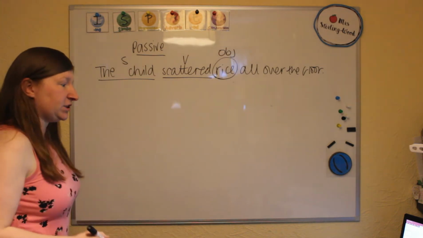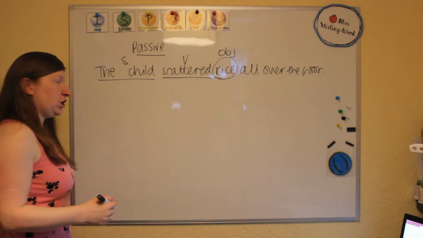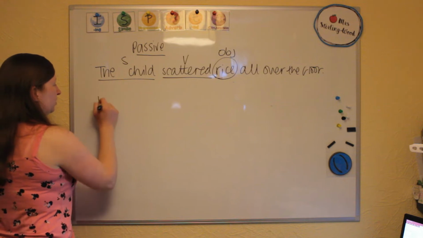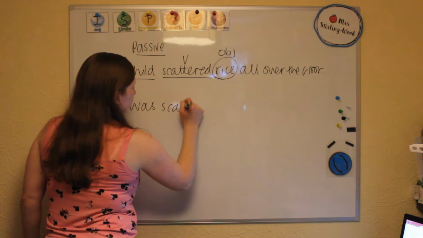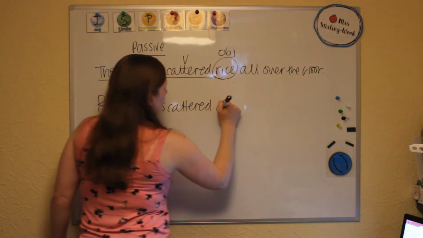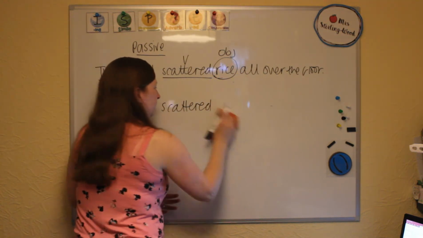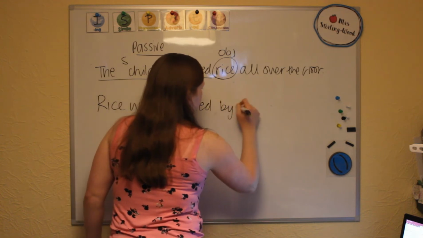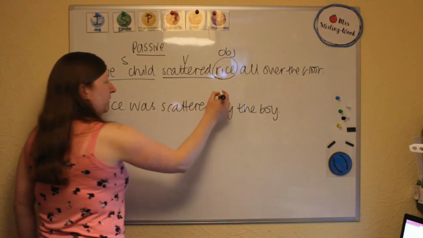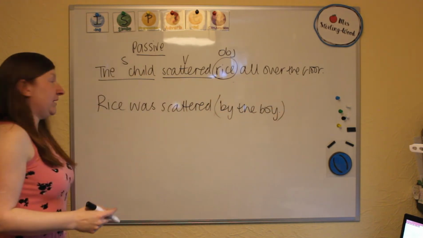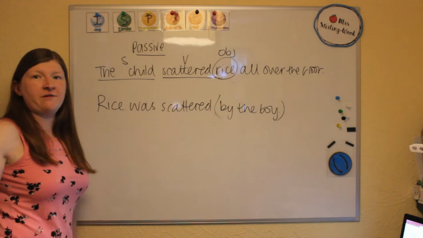So in my next sentence, the rice is going to start as my subject. So rice was scattered all over the floor, I'm going to be speedy, by the boy. Okay, I've just left out all over the floor to speed me up a little bit. By the boy could be taken out. Rice was scattered everywhere.